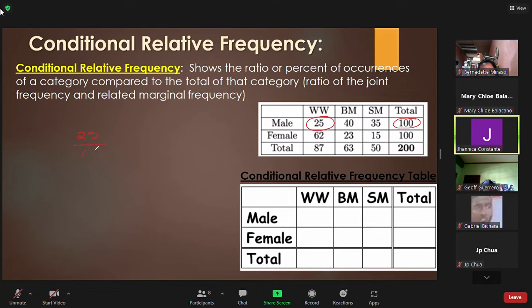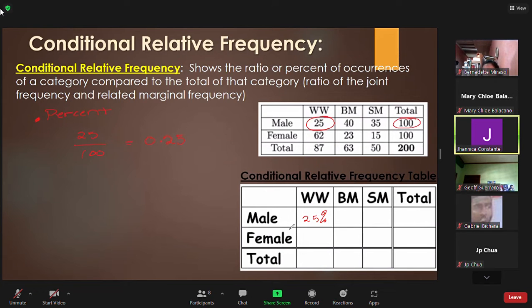So 25 divided by 100 is equal to 0.25, since when we are talking about conditional relative frequency, we are dealing with percent. Since our answer is 0.25, the conditional relative frequency of male with a response of Wonder Woman is 25%.